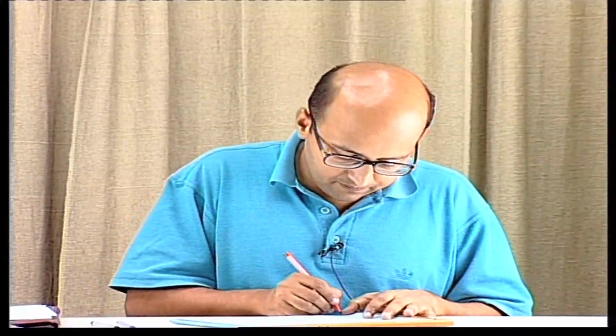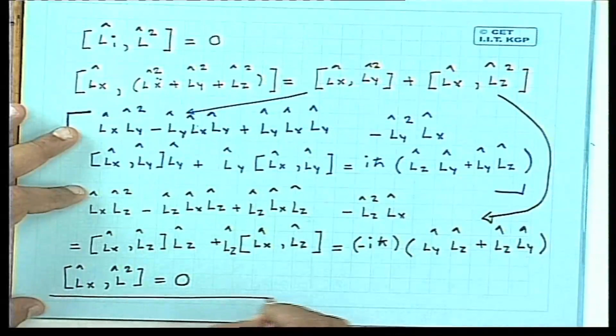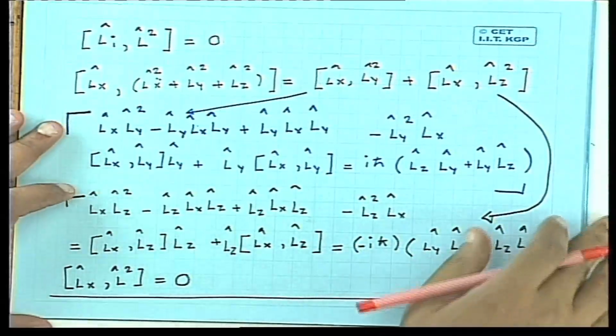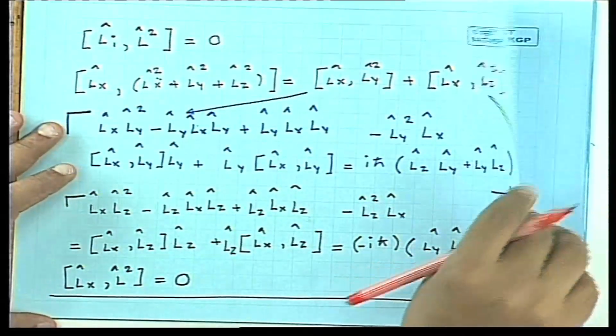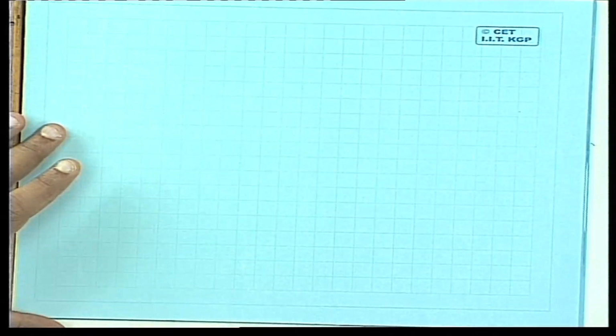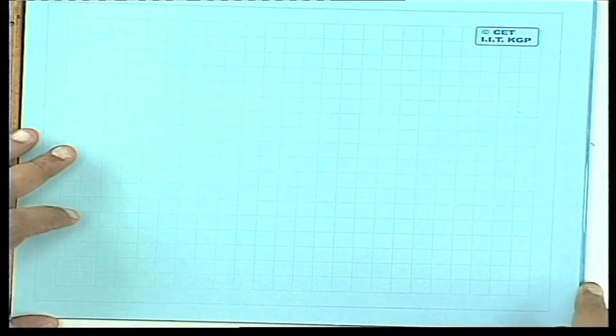The three components of the angular momentum operator do not commute amongst themselves, and we know what the commutation relation is. All the three components of the angular momentum operator commute with L squared. So L squared commutes with everything. Okay. Now let us go ahead further. These are the properties of the angular momentum operator, and we shall come back to it.